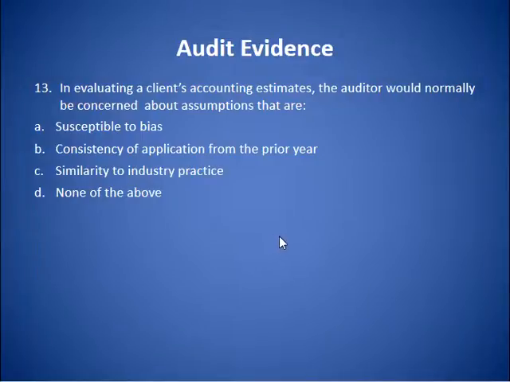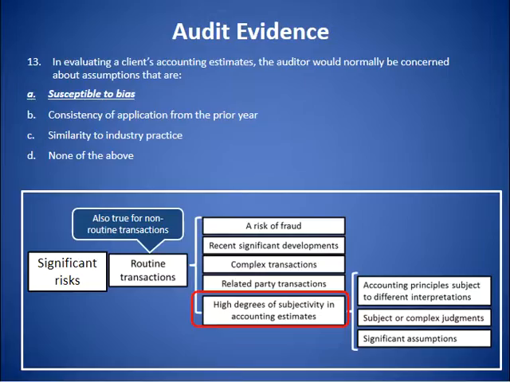Okay, let's take a look at the answer to number 13. In evaluating a client's accounting estimates, the auditor would normally be concerned about assumptions that are, in this case, the answer would be A, susceptible to bias.